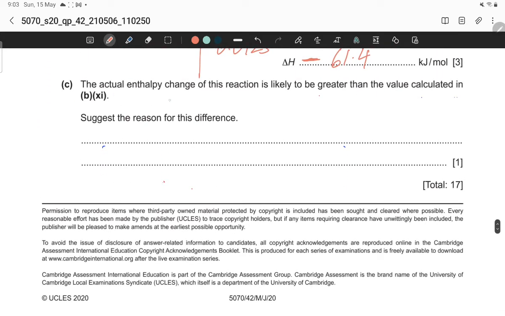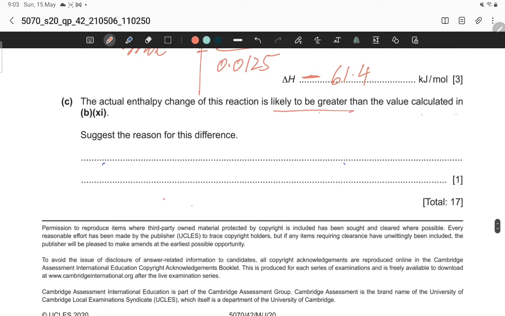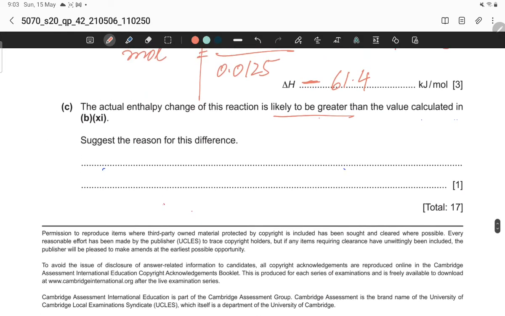The actual enthalpy change for this reaction is likely to be greater than the value calculated in B9. Suggest the reason for this difference. So in this experiment there can be different errors, experimental error or personal error.